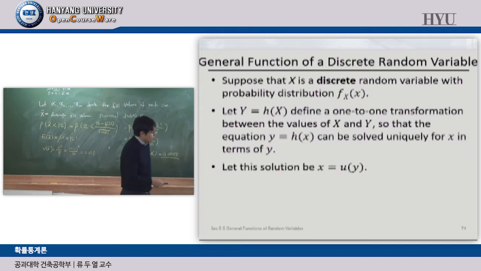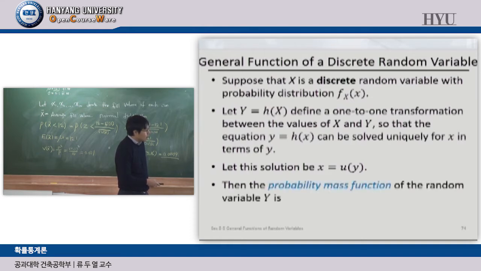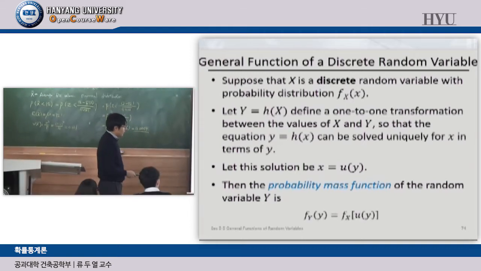So let this solution be x = u(y). Then the probability mass function of the random variable y can be given by the following equation. The probability mass function of y is equal to the probability mass function of x when x is equal to u(y).